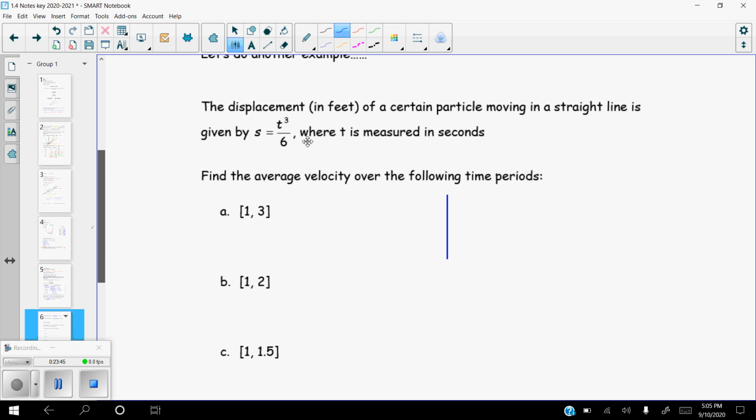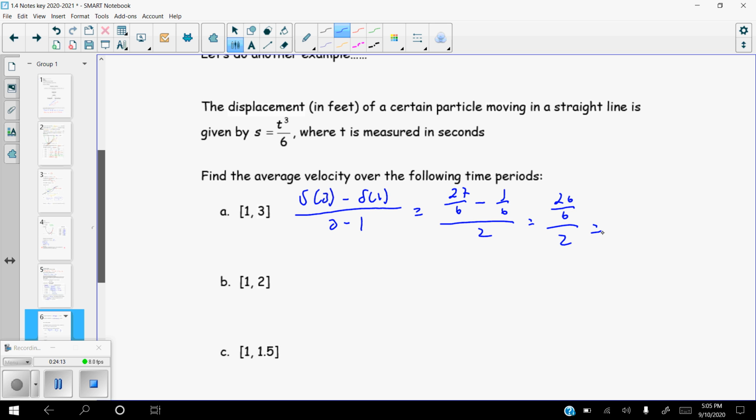So that means I need to do s of 3 minus s of 1 over 3 minus 1. And s of 3 here is actually 27/6. S of 1 is 1/6, over 2, which is 26/6 over 2, which, if you do a little bit of reduction, is going to give you 13 over 6.